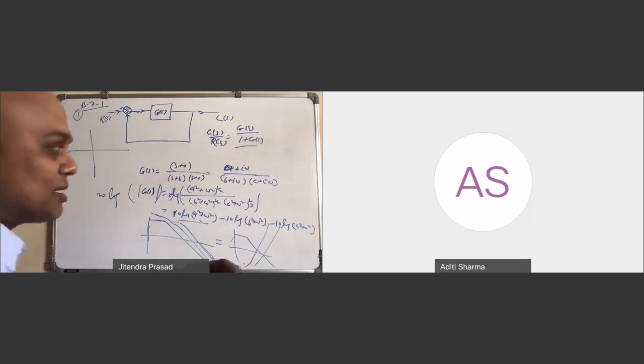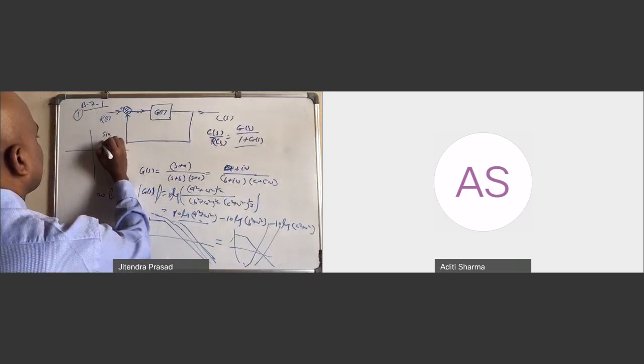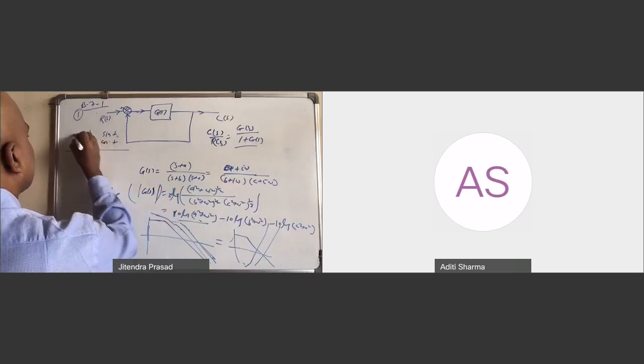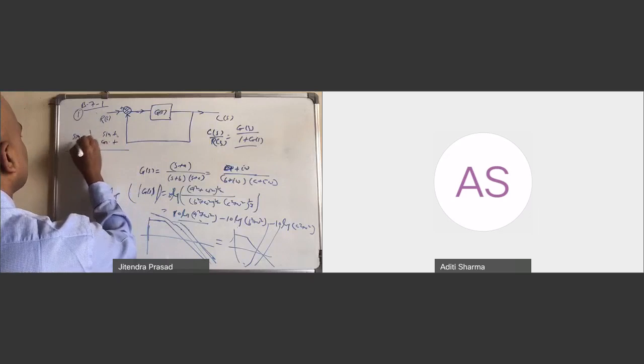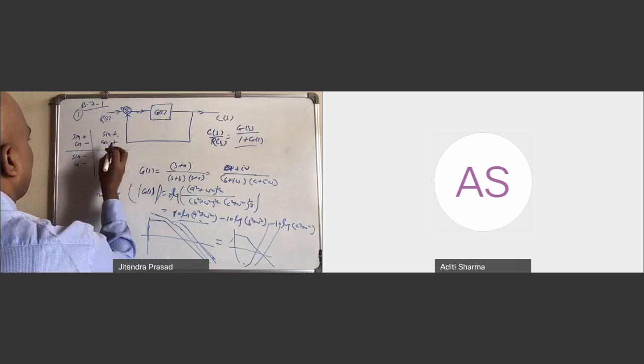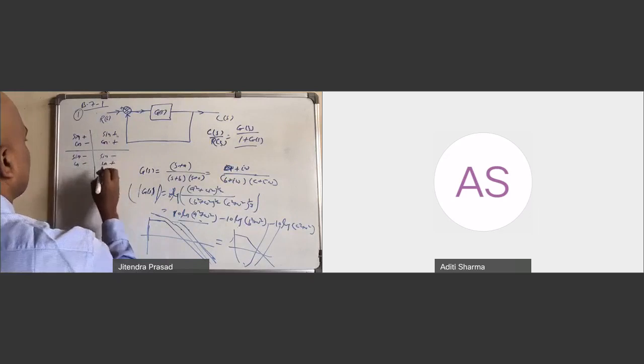Here sine is positive, and cos is also positive. Here sine is positive, but cos is negative. Here sine is negative, and cos is also negative. And here sine is negative, but cos is positive.